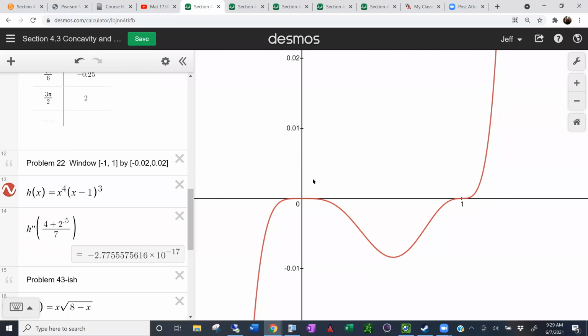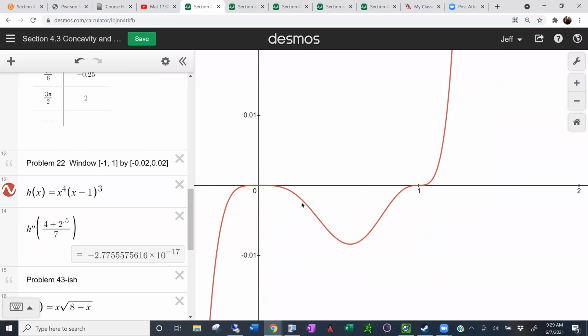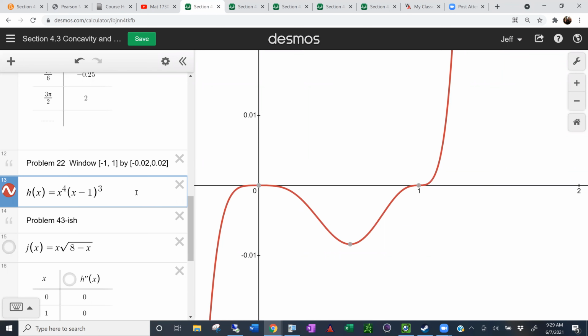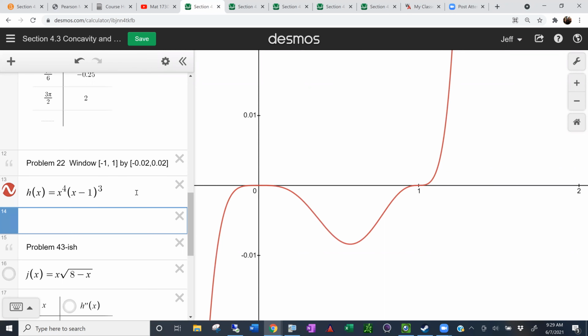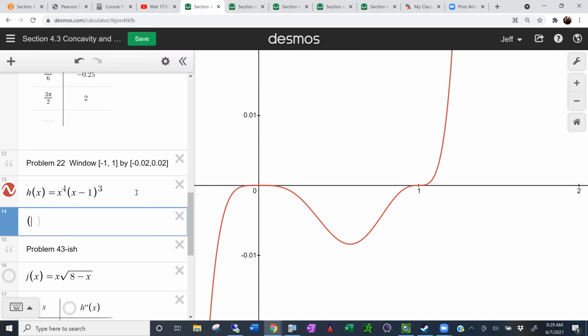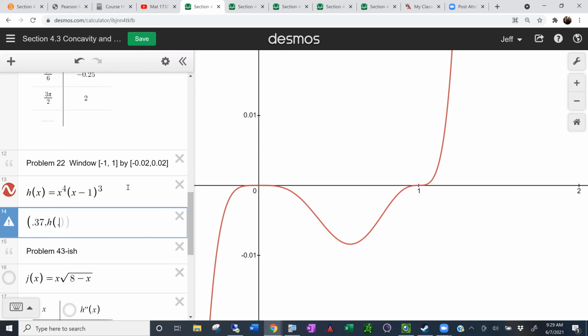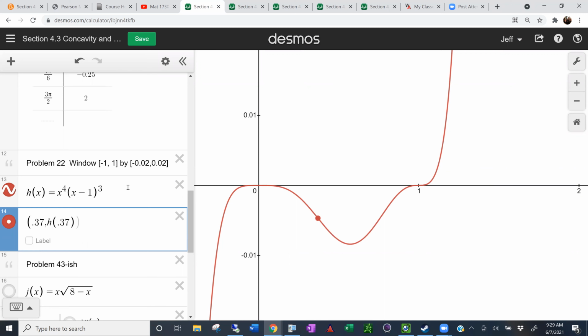So, all right. Let me just put in this point. We want 0.37 and h of 0.37. Okay, so what happens here?